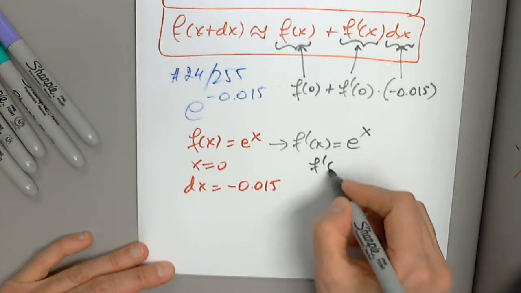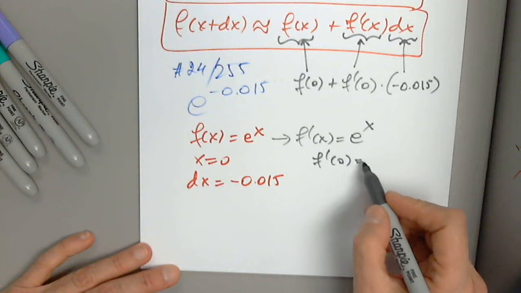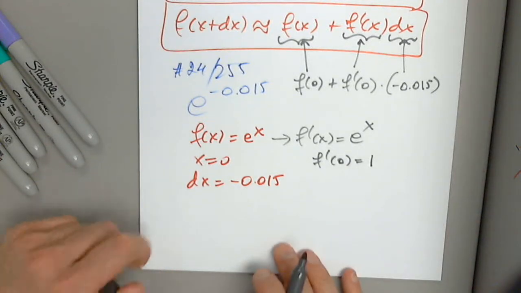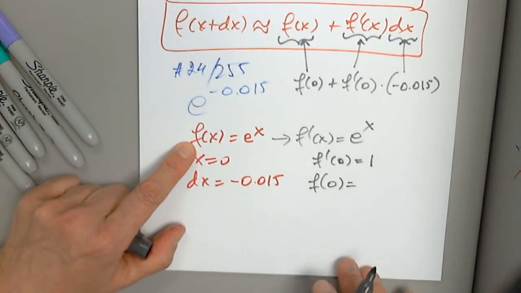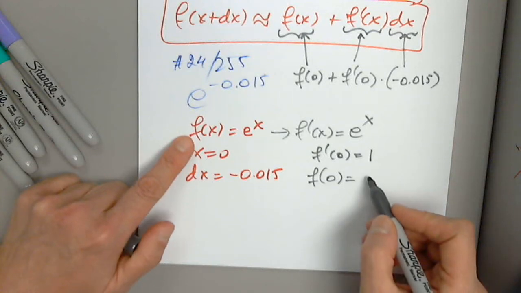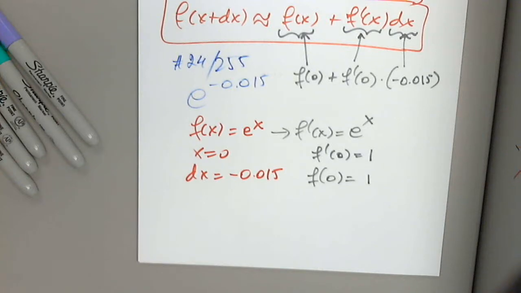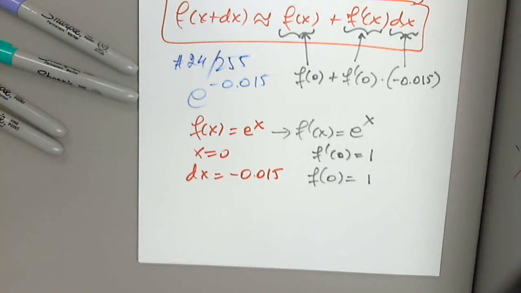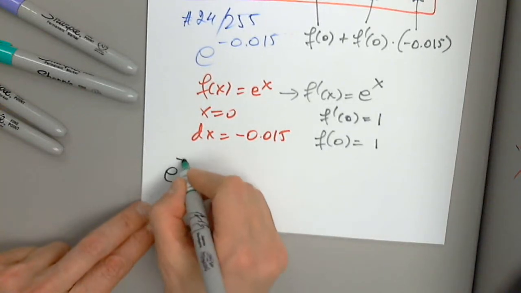And I have to find f prime of 0, which is one, and I also have to find f of 0 from here. F of 0 is how much? 1. Very good. Now let's put all pieces together. You didn't know you could find e to a number without a calculator. You had no idea. Now you can because of calculus. So then what will you tell me to write?